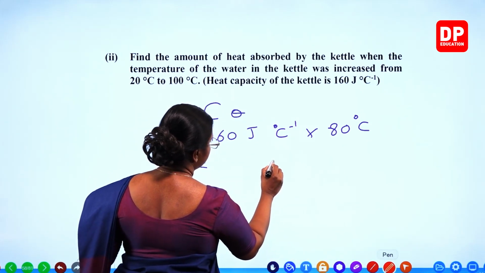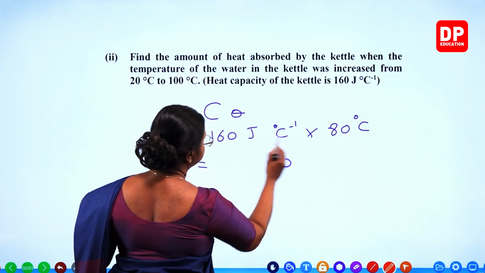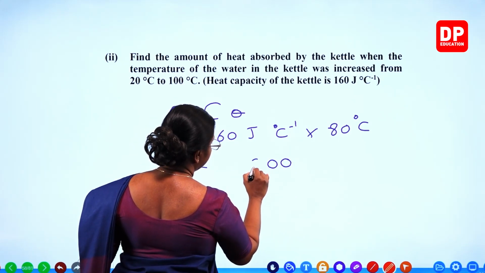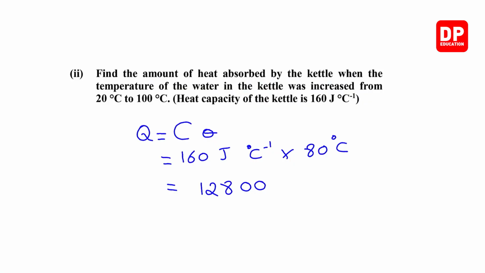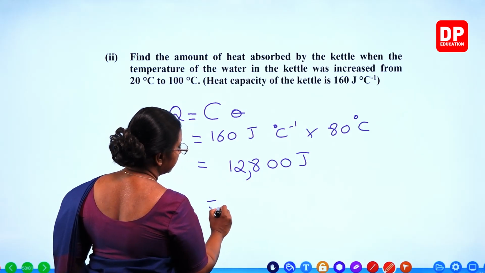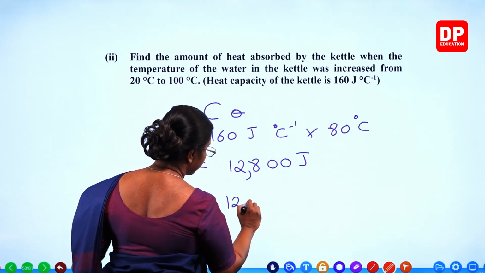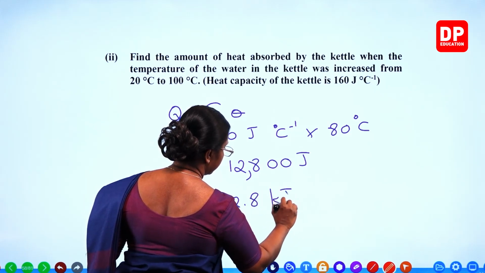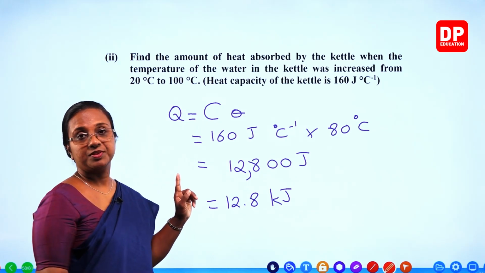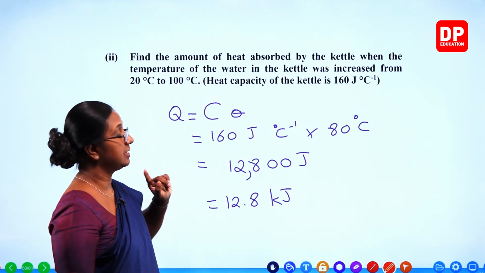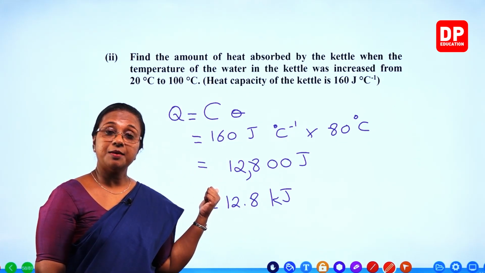So then of course you will get the answer 160 into 80, which is 12,800 joules. Even this you can write as 12.8 kilojoules. So here we use capital C for heat capacity, and simple c for specific heat capacity.